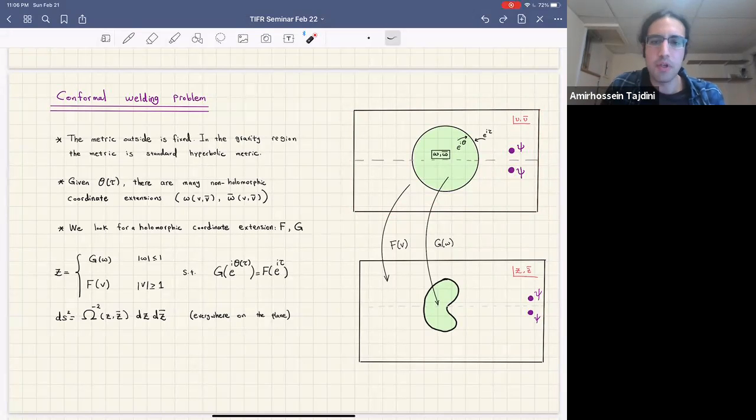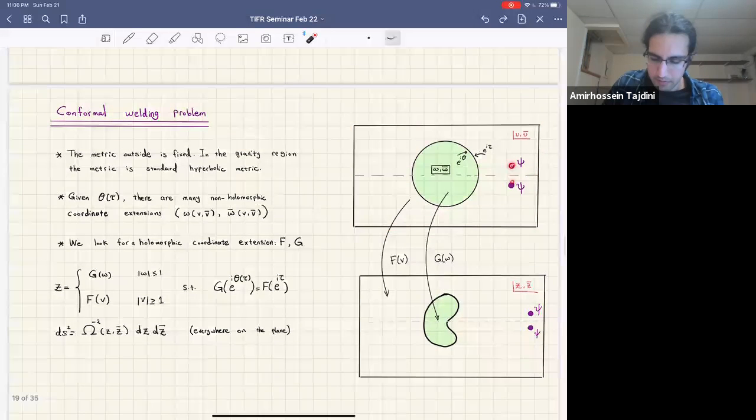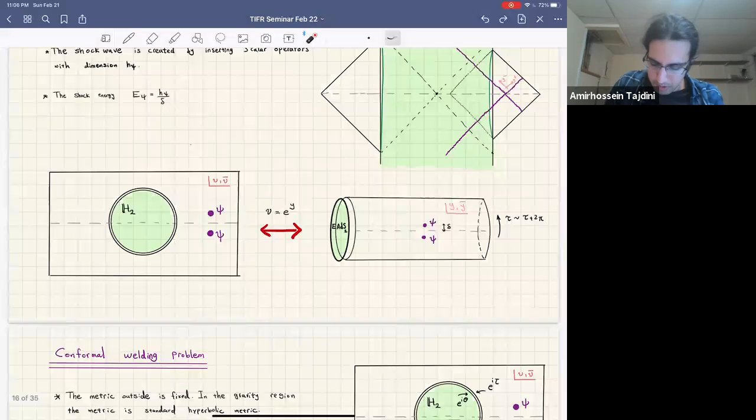But in the Z plane, once we solve this conformal welding, they might map to other points. From the beginning, we don't know where they map at the end, but we will determine them, and where we put them will tell us how far they are in the original manifold.